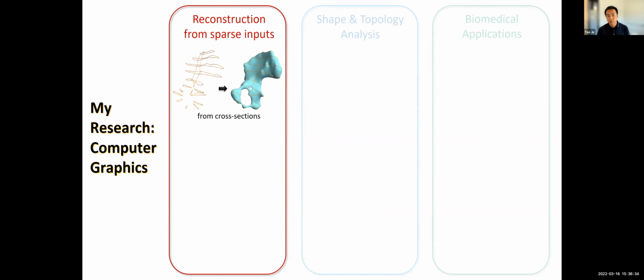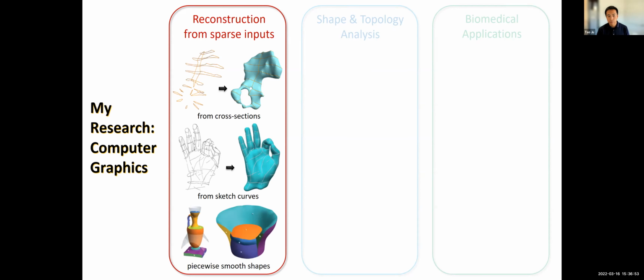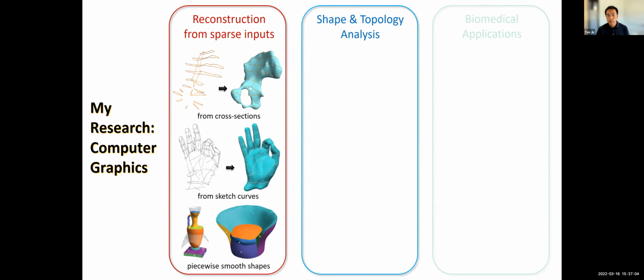I worked on problems like reconstructing 3D models from cross-sectional curves, which are a typical output of manual segmentation in medical imaging, or from freeform curves in 3D created by virtual reality sketching tools. More recently, we worked on creating piecewise smooth models, such as man-made shapes, using sketching as well as sparse samples.